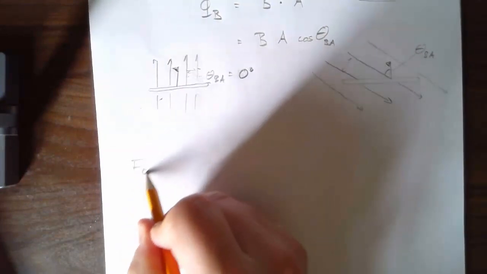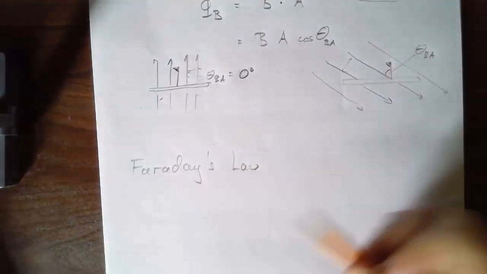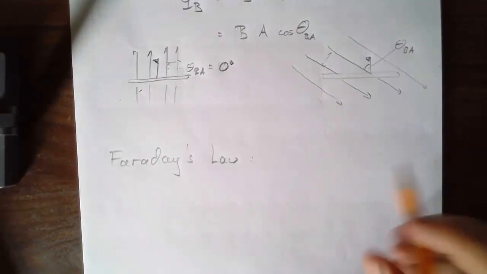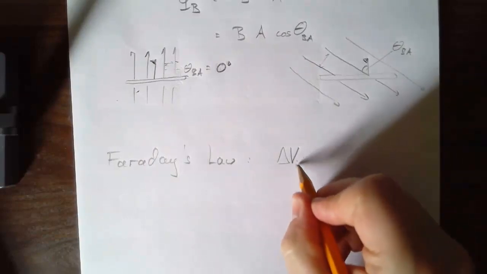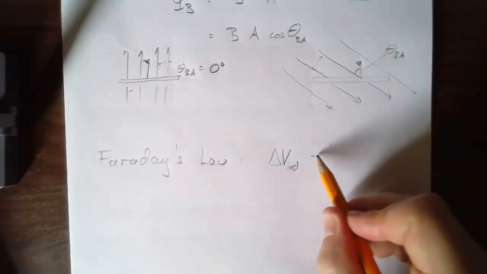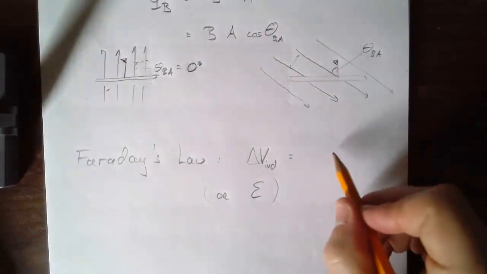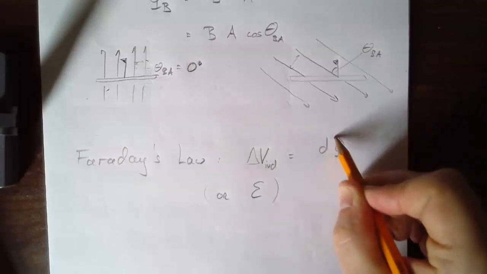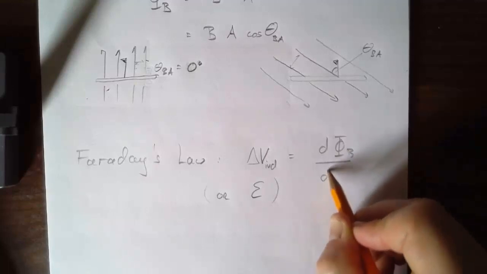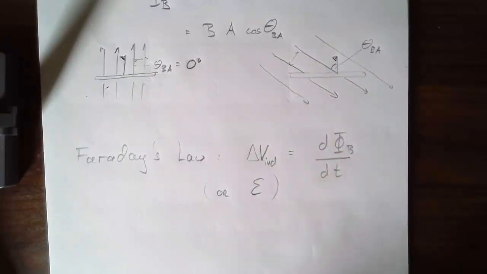Faraday's law, as it's called, states that the induced EMF, delta V, we write delta V induced, or I could write it like this, same thing, is equal to the rate of change of magnetic flux. So this is a derivative. How does this change with time?